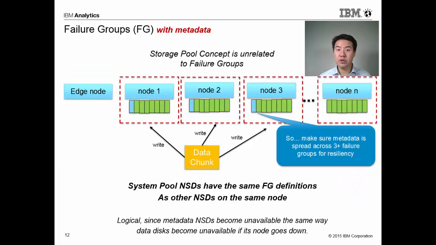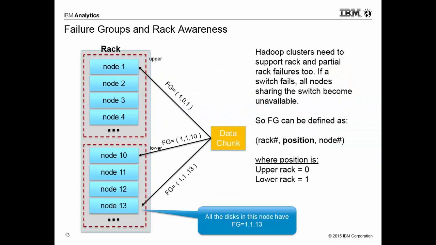Now let's enhance this picture to include metadata. We can have our metadata on 3 different nodes. So when GPFS writes its metadata, it's going to choose metadata disks from 3 different failure groups. So now we're going to extend the concept of failure groups, and we'll see why this is necessary. Here's a picture of a rack where we've got an upper rack and a lower rack defined, and the network configuration is such that we can have a failure of half the rack and still continue working.